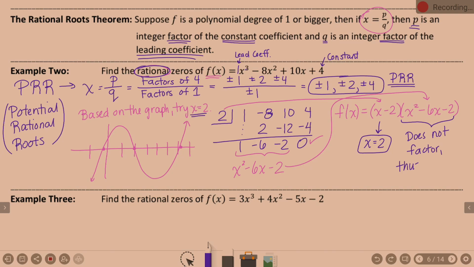Thus, irrational roots. So my only answer is x equals 2 on this one.